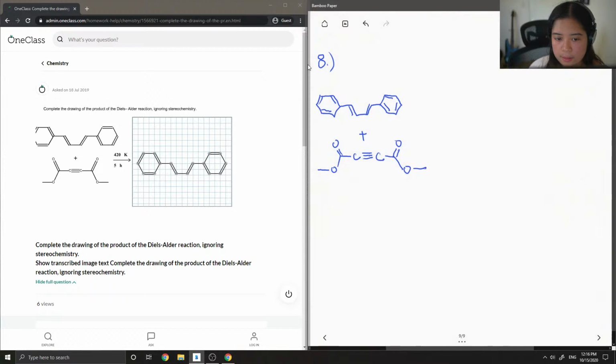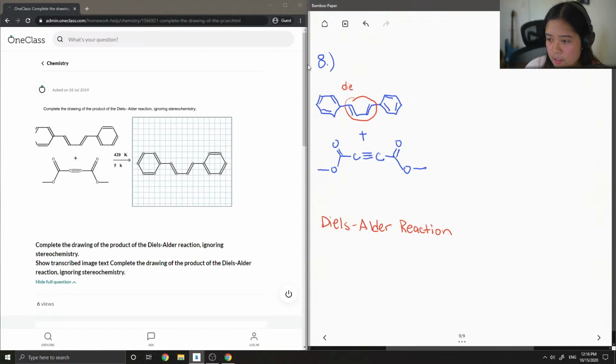Okay. And this is the Diels-Alder reaction. Okay, so let's take a look at our reactants. So here you'll notice that this is a diene group.